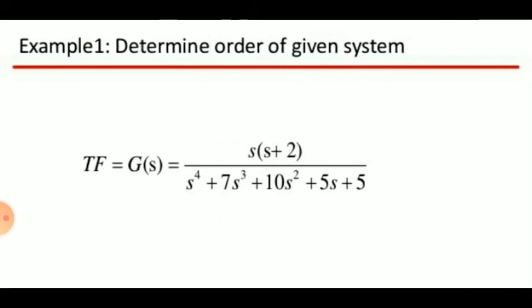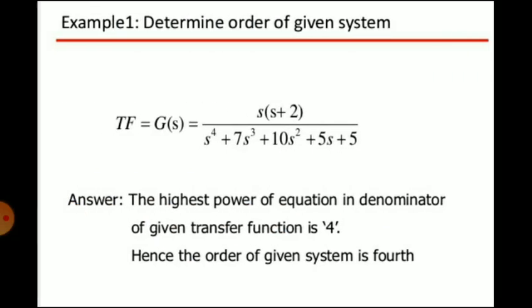For example, the transfer function is given, so the highest power of s is 4, so it is a fourth order system. The highest power in the denominator of the given transfer function is 4. First of all, we have to simplify that denominator and find the highest power of s; that will be the order of the system.